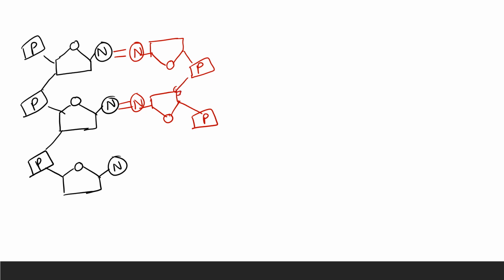So similarly, the third one, and here we have phosphate group, and here we have nitrogen, right? So we can make the bond between these, right? And we're going to join these phosphate, right? Okay, so now this is the chain which is anti-parallel, and this is the two chains of DNA, right?